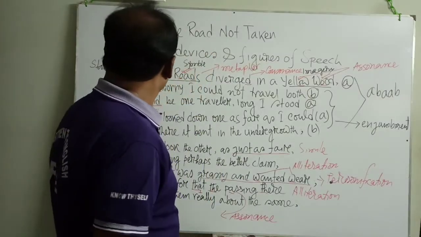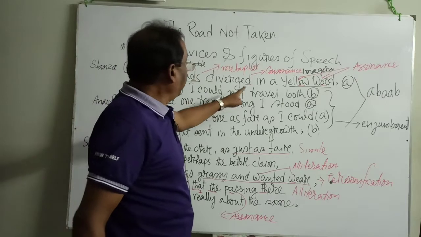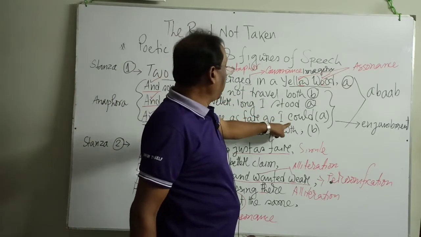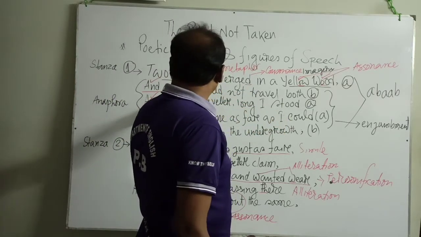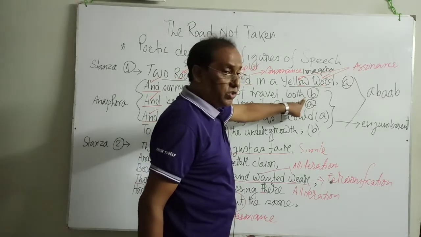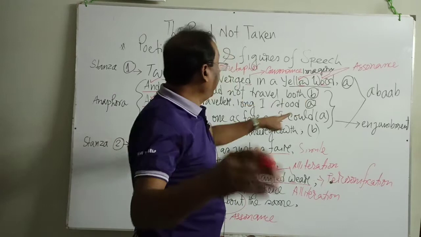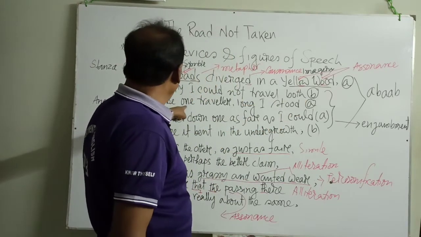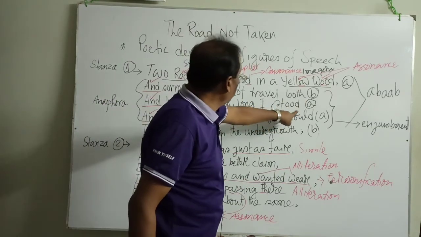Look at the second, third, and fourth line. And sorry, I could not travel both. There is no punctuation, and the line continued. And be one traveler long I stood.